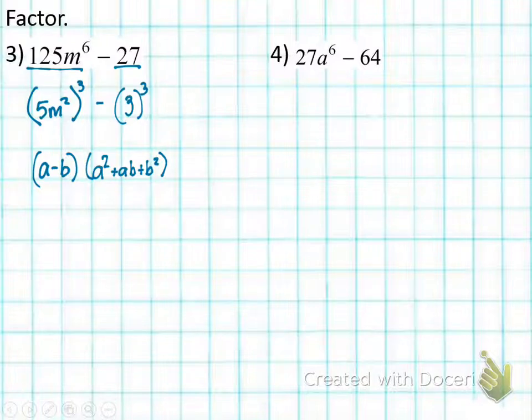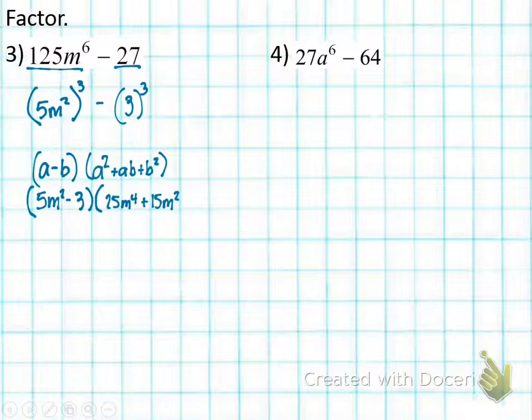Alright, so now I'm plugging in my a and b. We know a is 5m squared minus b, which is 3. A squared is 25m to the 4th plus a times b, which is 15m squared plus b squared, which is, well, I'll leave it there.